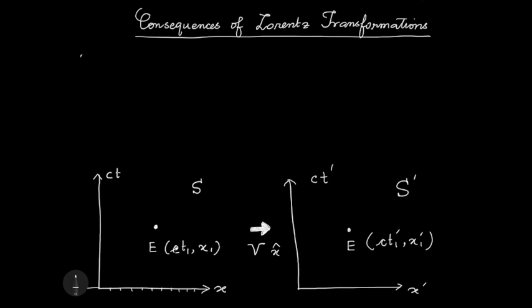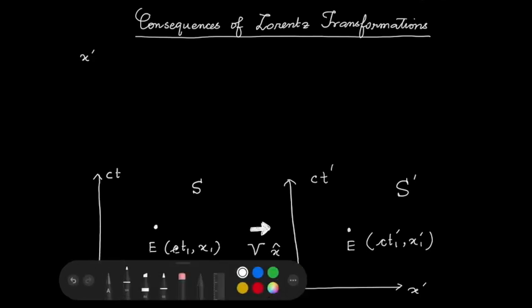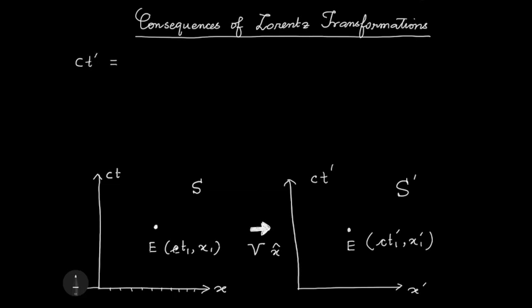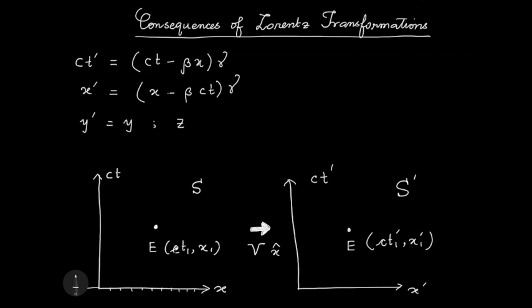So what are the relations? ct prime is ct minus beta x, times gamma. x prime is x minus beta ct, times gamma. y prime remains as y and z prime remains as z.